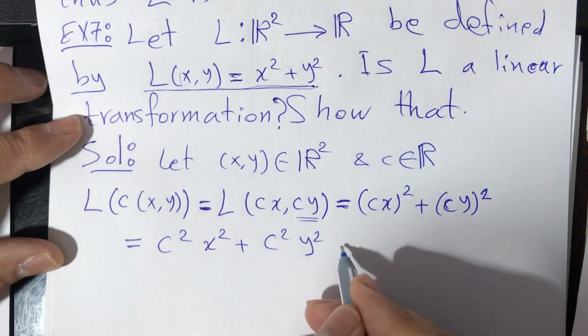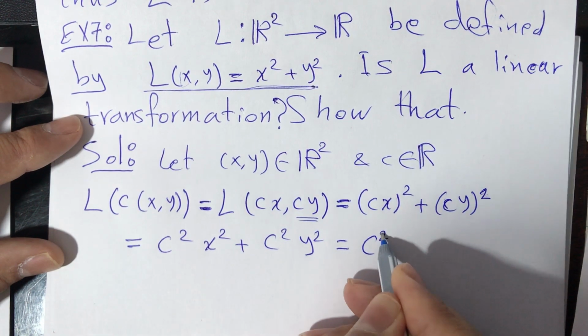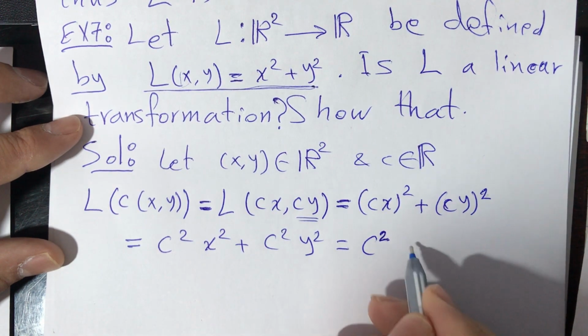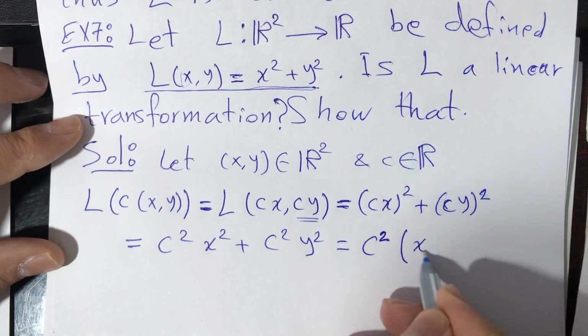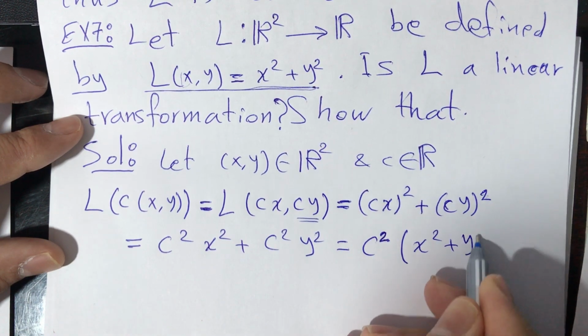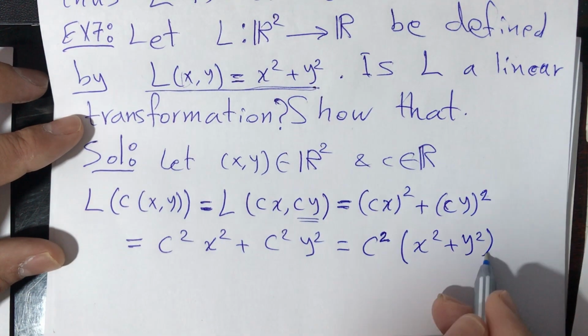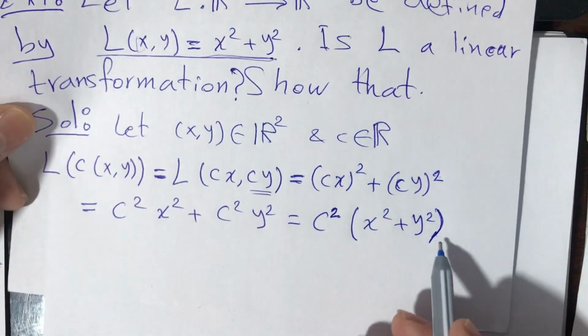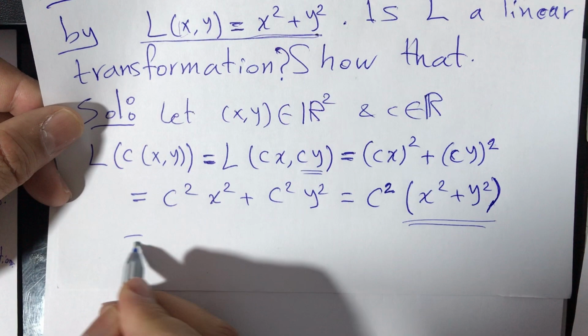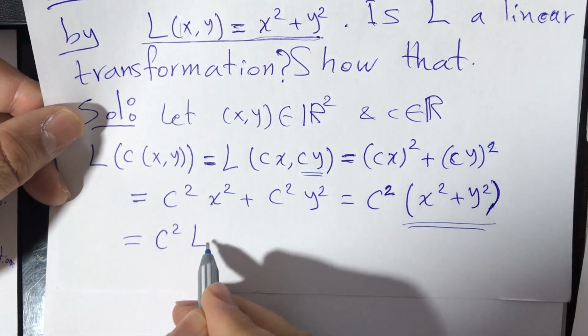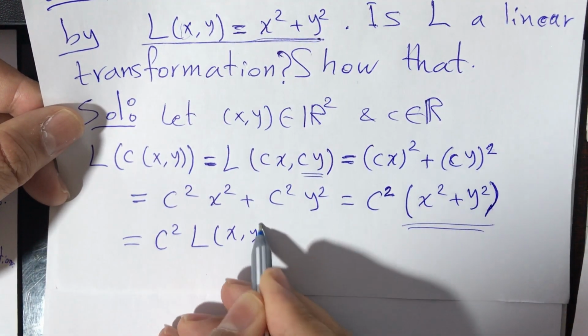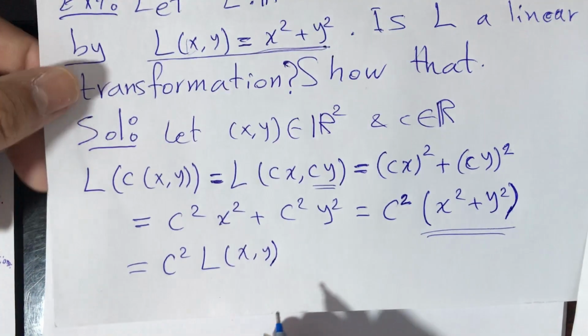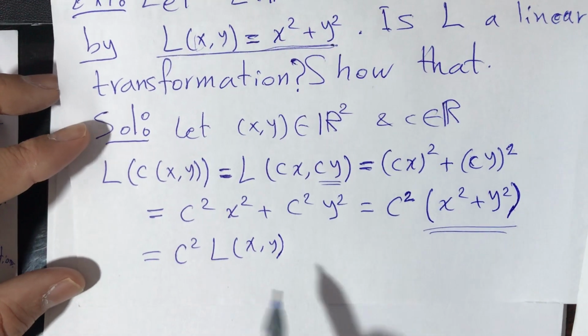So we can take c squared out: c squared times x squared plus y squared, which is equal to c squared L of x, y.